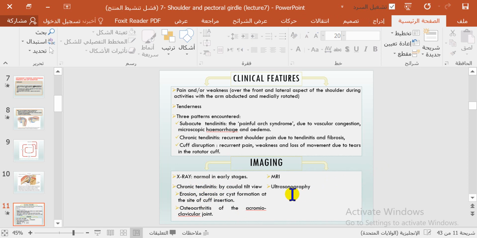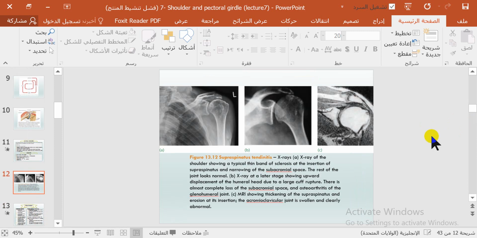By ultrasonography and MRI, we can diagnose the lesions in the supraspinatus tendon, especially rupture. By X-ray we can also see calcification, and by MRI we see the lesions too, and by X-ray you can usually see osteoarthritis of the acromioclavicular joint.